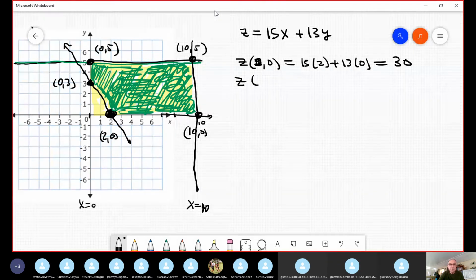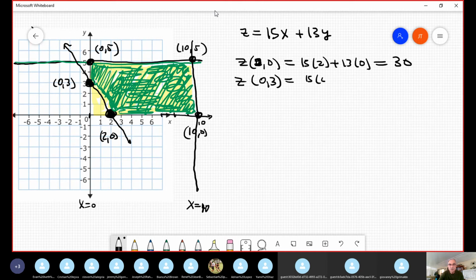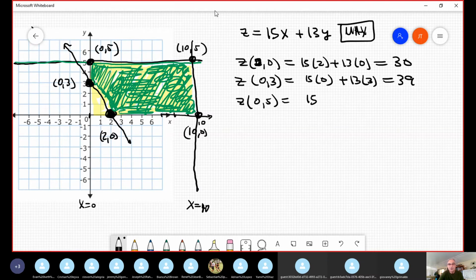Evaluate at (0,3), the next point: 15 times 0 plus 13 times 3 is 39. Now I can see that this point wins over the first point, because remember, I need to find the maximum value of this objective. Next, (0,5): 15 times 0 plus 13 times 5 is 65.